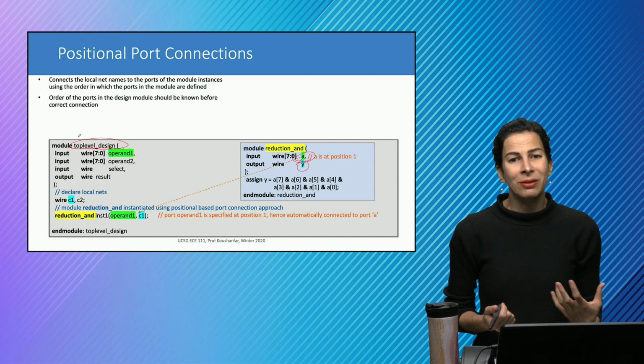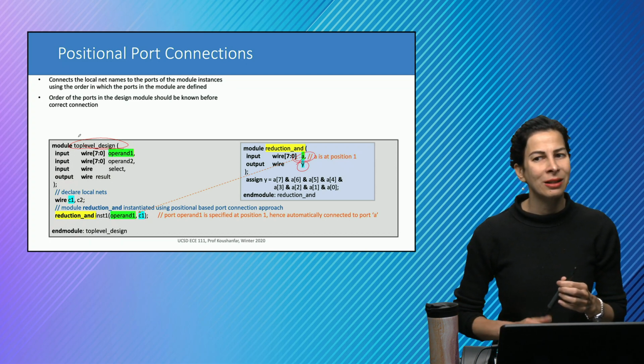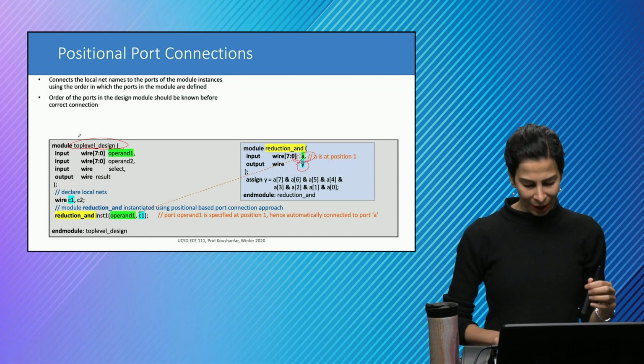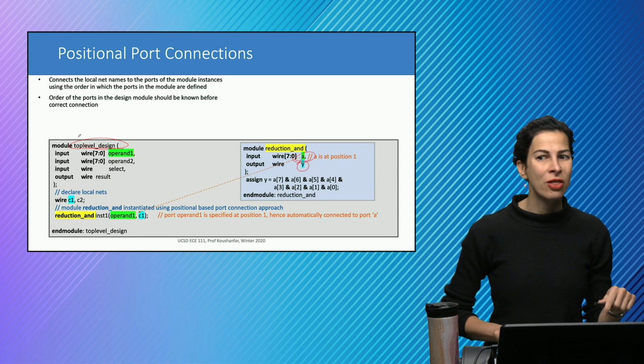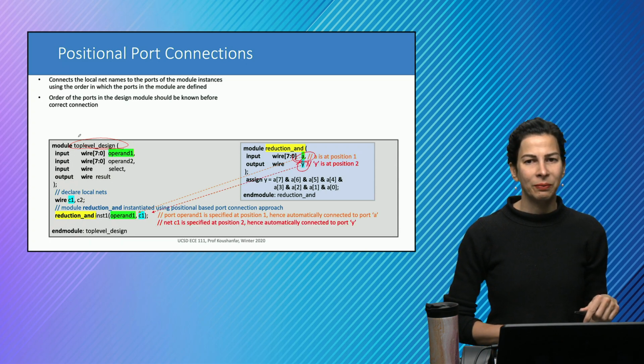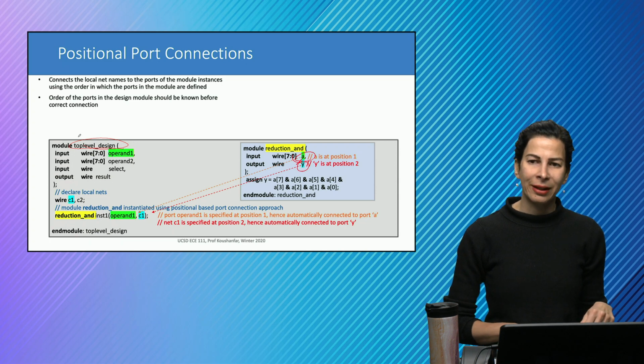So this also means that as a designer, we need to make sure that we know the sizes of each of these ports and declare them in the same order that was defined in the original design. So here it automatically connects this if we do everything correctly.